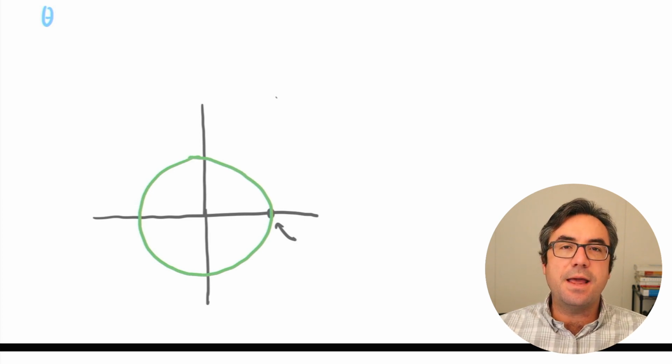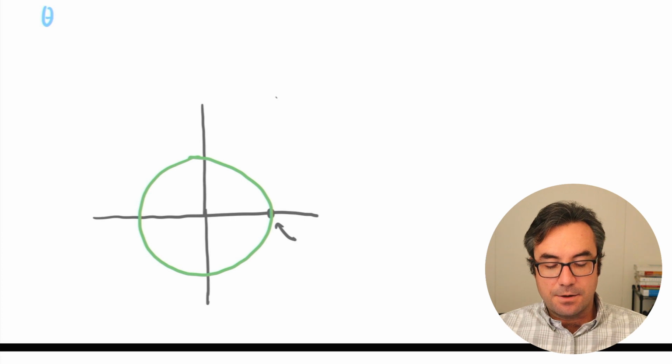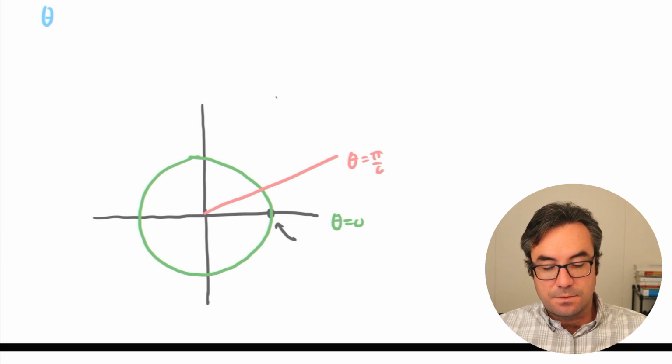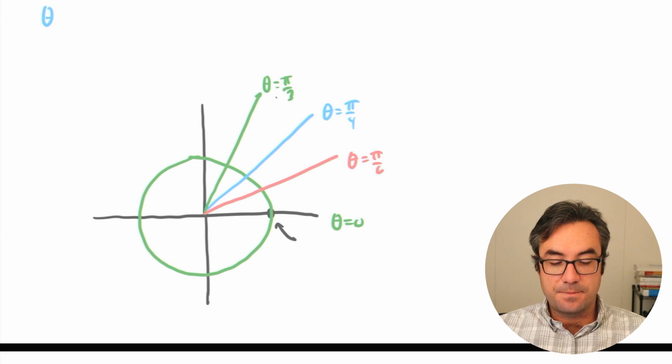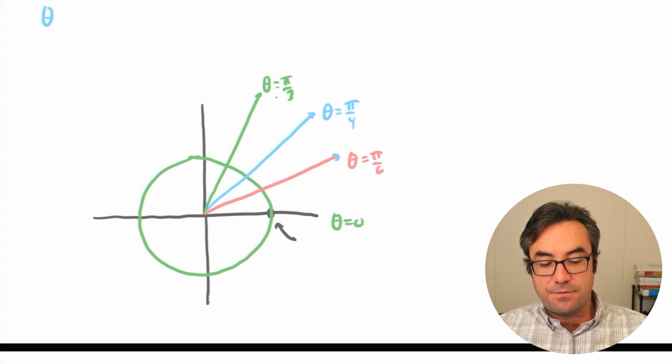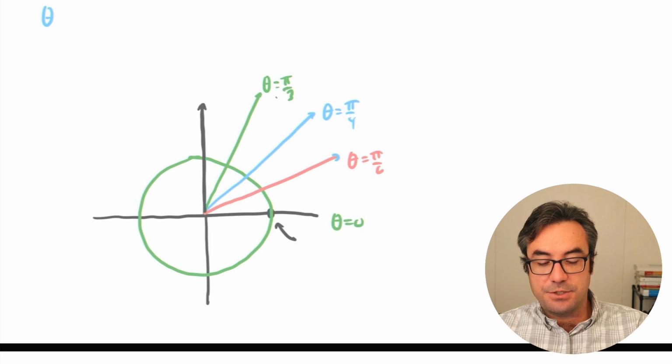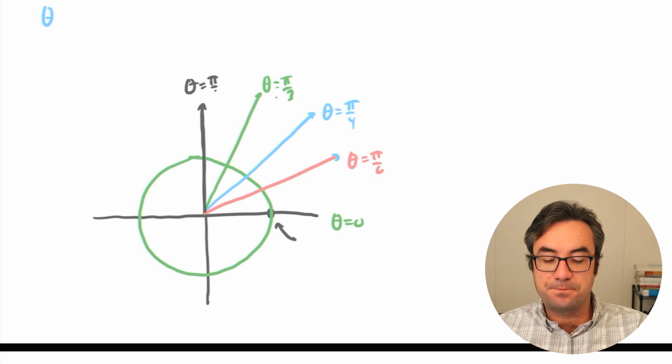The main angles that we consider are theta equals 0, theta equals pi over 6, theta equals pi over 4, theta equals pi over 3, and then the y-axis, which is theta equal to pi over 2.